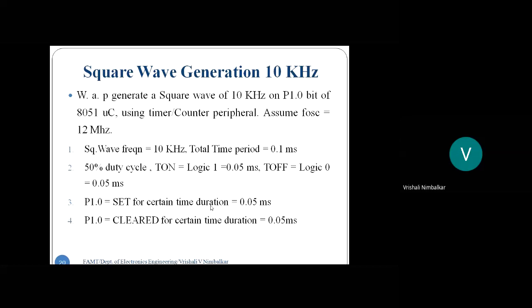Set it, keep it set for 0.05 millisecond, later clear it and keep it cleared for 0.05 milliseconds. Where will I use the timer counter? I will use the timer counter peripheral to generate this accurate time duration, 0.05 milliseconds.